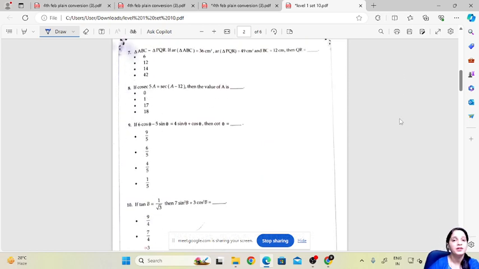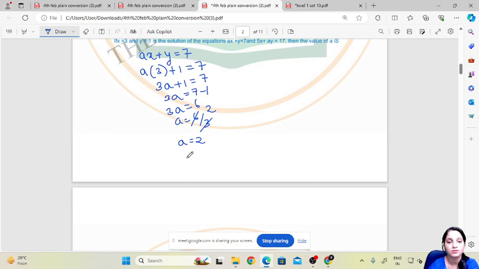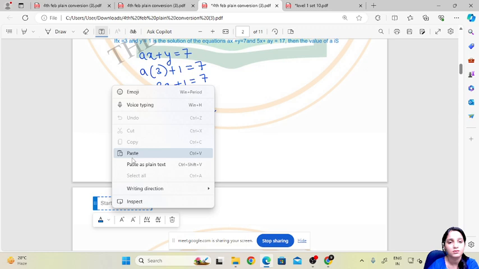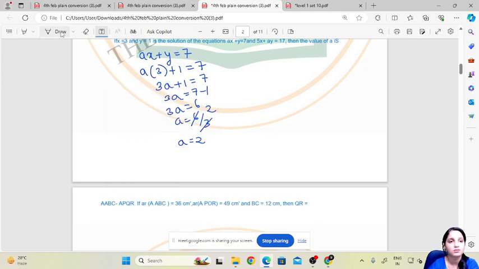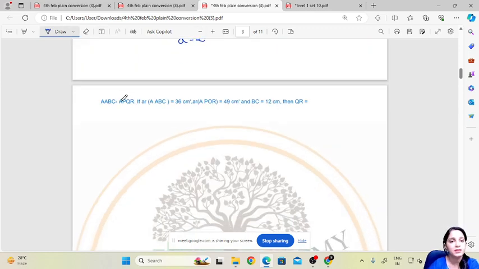Triangle ABC is similar to triangle PQR. If the area of triangle ABC is 36 centimeter square and the area of triangle PQR is 49 centimeter square and BC equal to 20 centimeter, then what is QR?